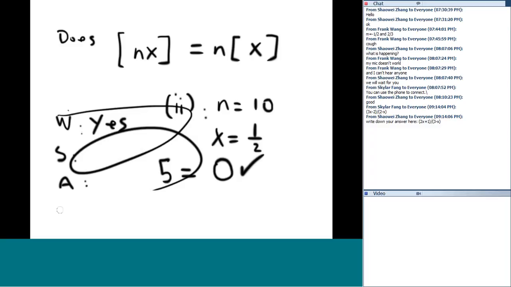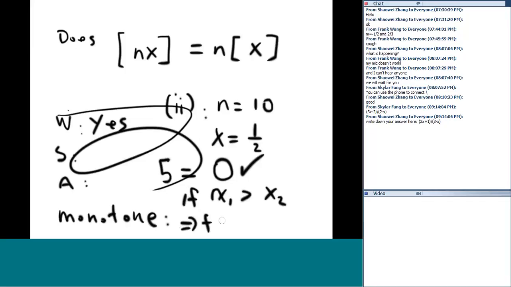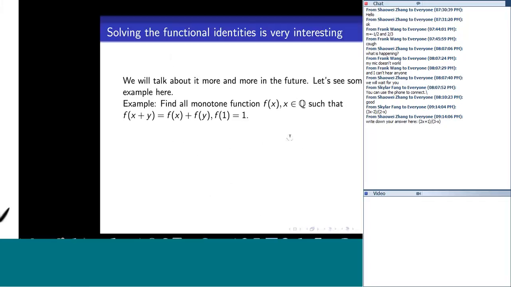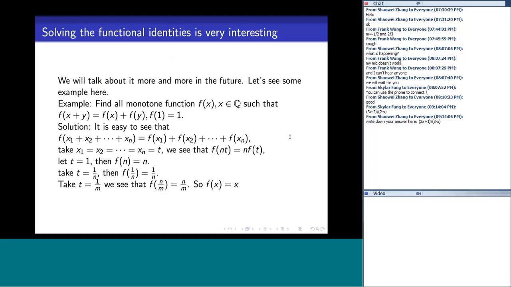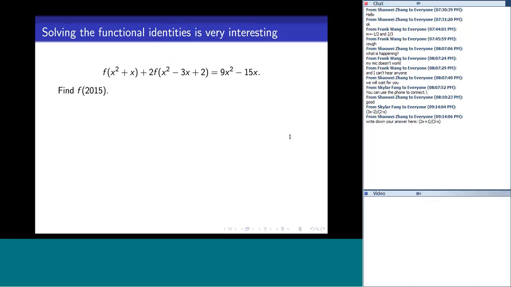It means if x1 is greater than x2, it implies f(x1) is greater than f(x2). That's what monotone means. I just did exactly this one.